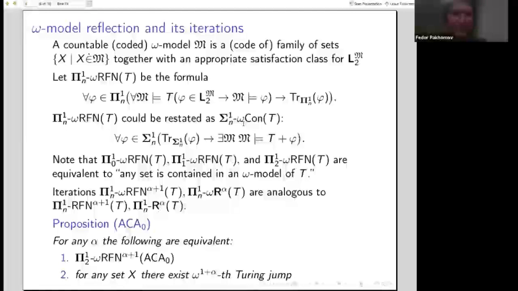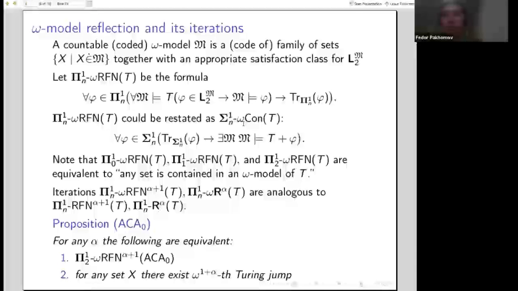And basically, in the same way we have defined the iteration of Π1n reflection, we could define the iteration of Π1n omega model reflection, and because it behaves in the same way, it's just an operator on theories.